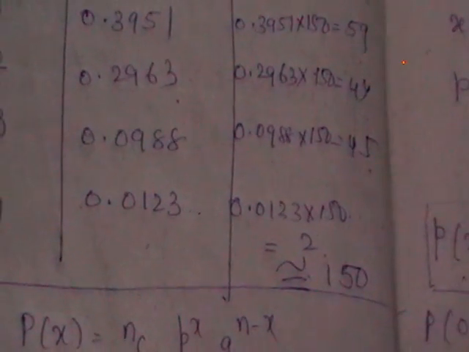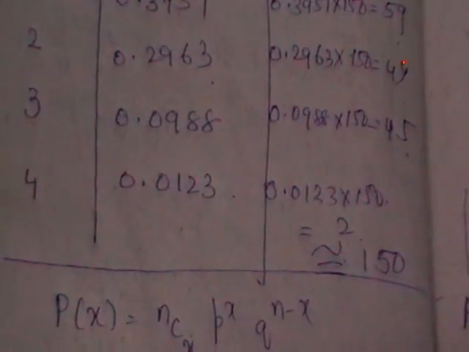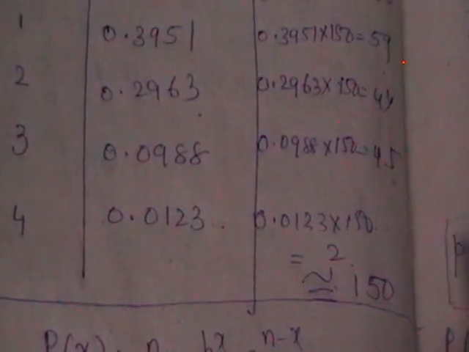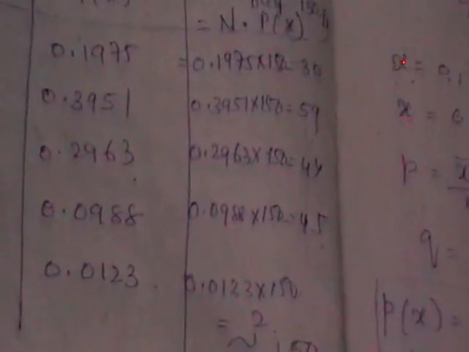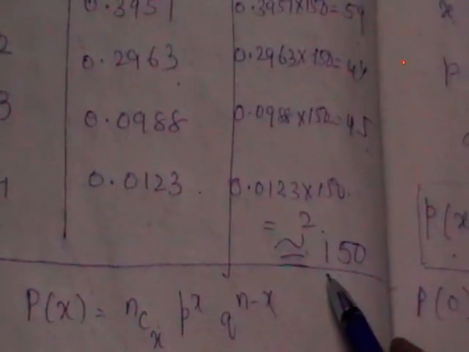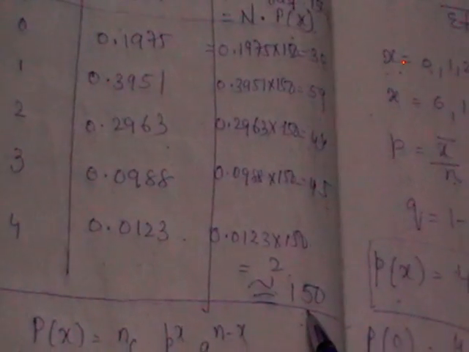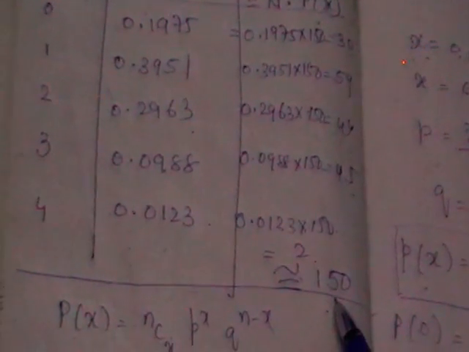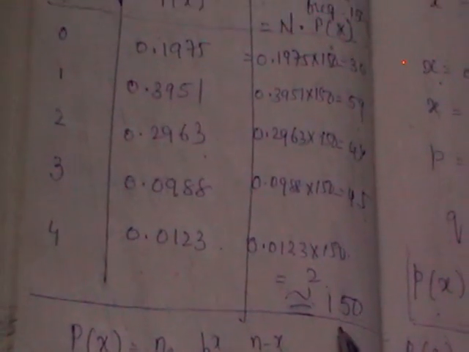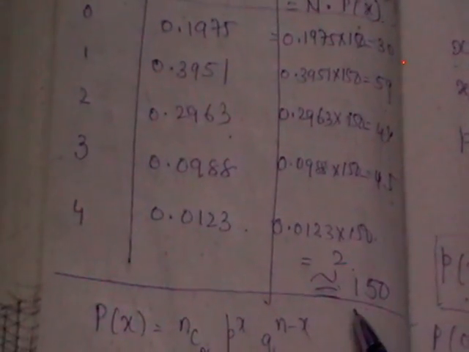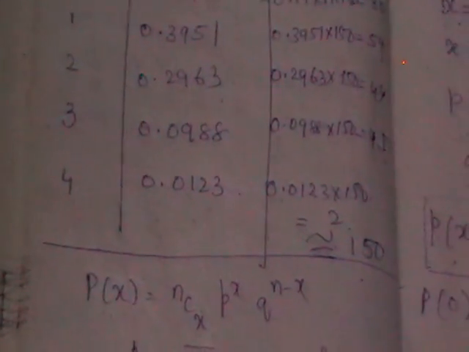After calculating the expected frequencies, to cross check your values, please add all these expected frequencies. That should be approximately equal to capital N. If it is 150, you may get 145, 146 onwards. You should get a value approximately equal to capital N. Then whatever calculations you have done is correct. Okay, thank you.